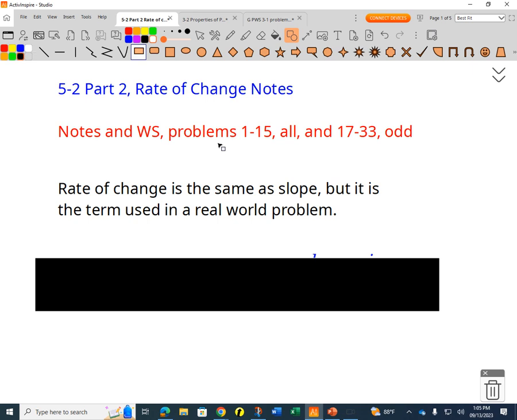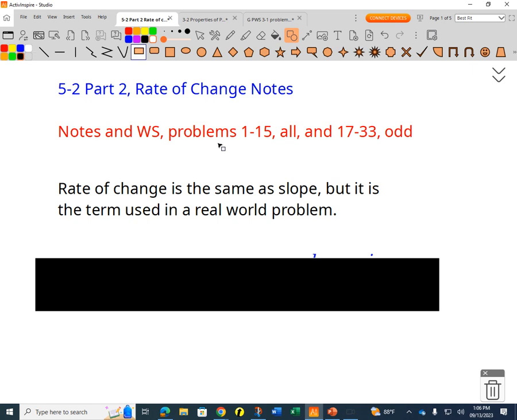Well, today we're going to be talking about rate of change. So your first thing to write in your notes is rate of change is the same as slope. But it is the term that we use in a real world problem. So if we're talking about the slope, but it's a word problem, they're going to call it the rate of change. But the formula is the same.